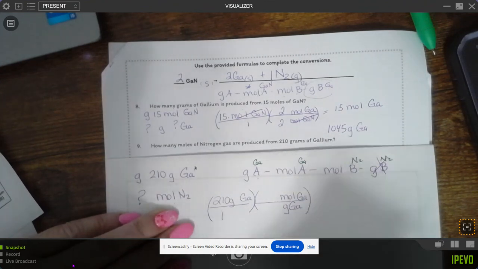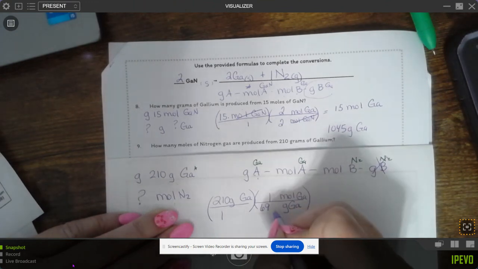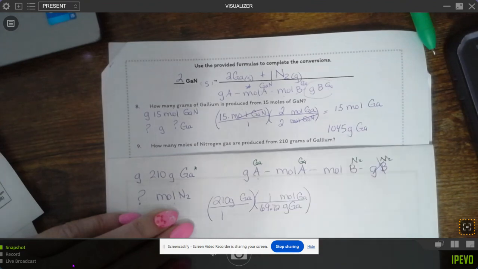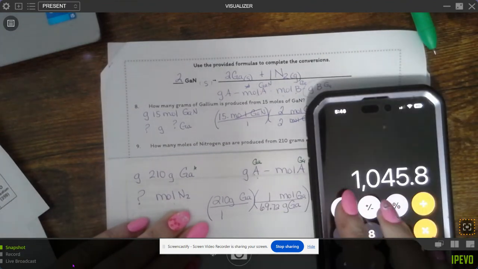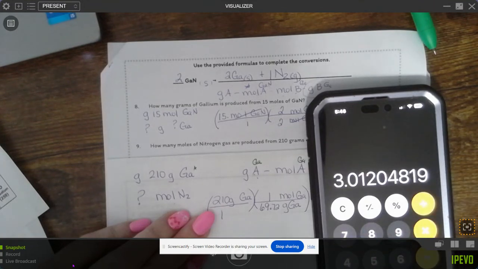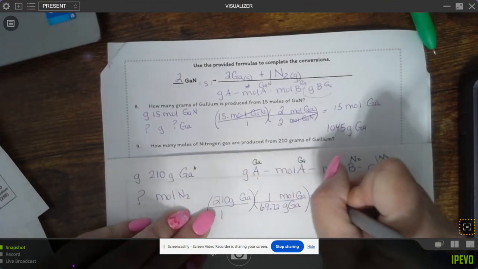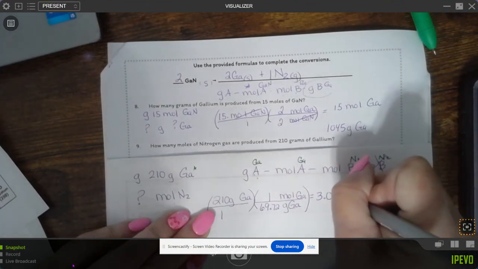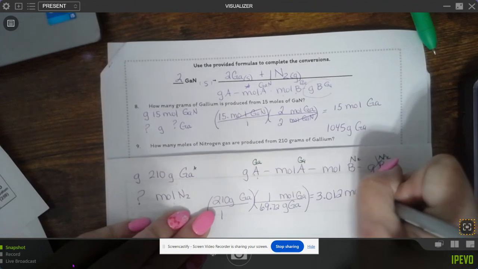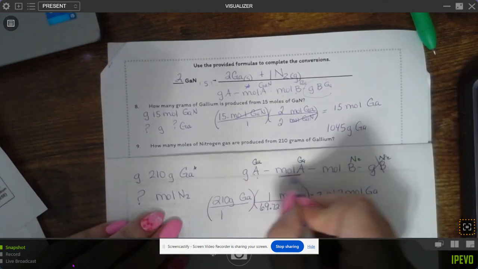This is where we're going to use our molar mass. 1 mole is equal to, what did we say, 69.72 grams of gallium. So step 1, I'm going to take 210 divided by 69.72. I'm going to get 3.012. 3.012 moles of gallium. Okay, so that gets me to right here.